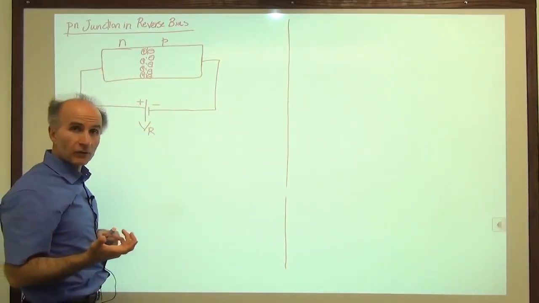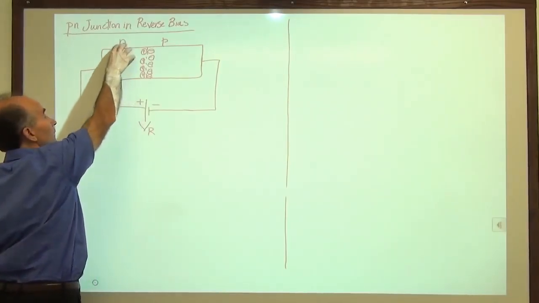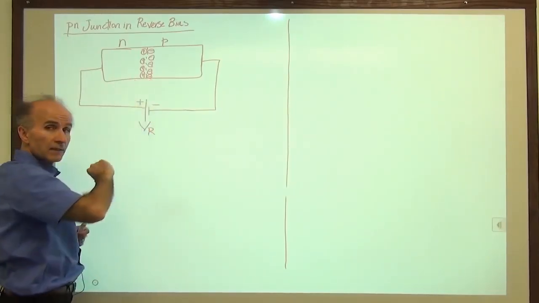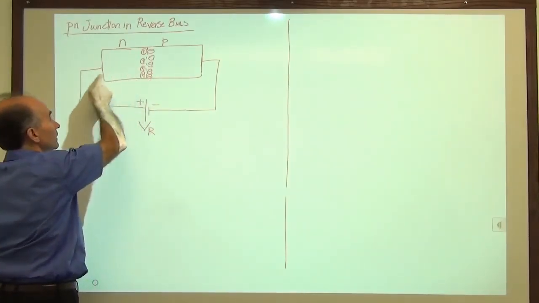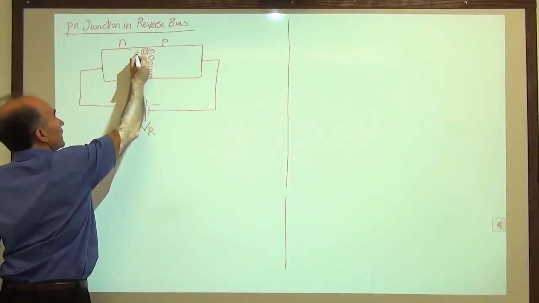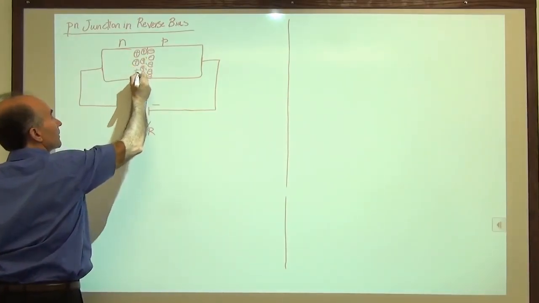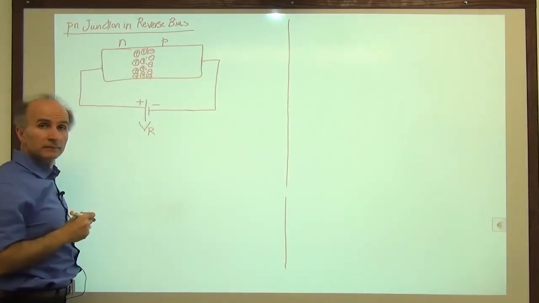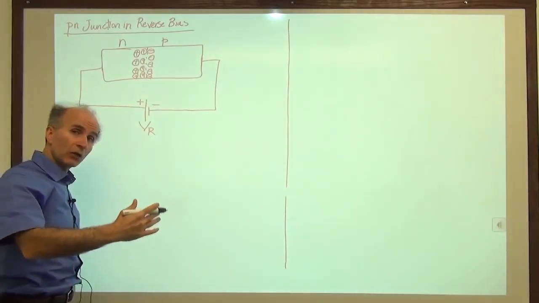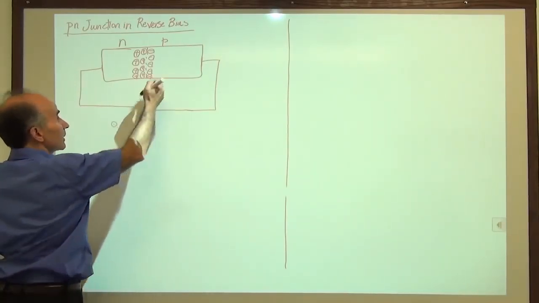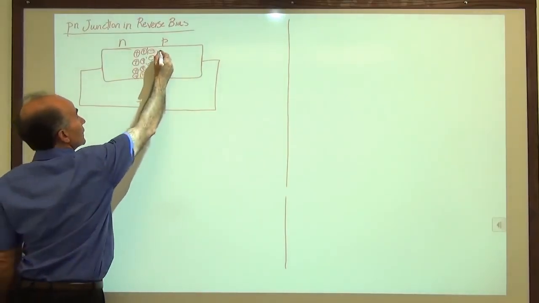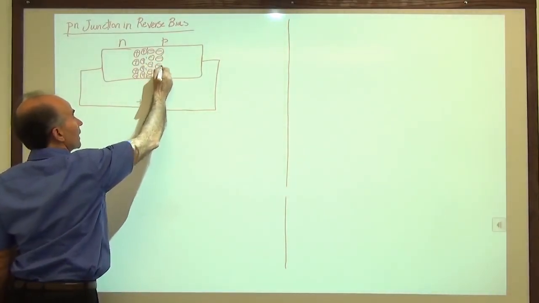Where does it get that negative charge? It takes it from the electrons that we have here. We have lots of electrons. So upon connecting this battery to this device, some electrons go from here to the battery, right? So we take some electrons away, which means the depletion region becomes wider, because we took more electrons away than what we had in the equilibrium condition. Similarly, on the p side, some holes depart and go to the battery, so the depletion region on the hole side also becomes wider.